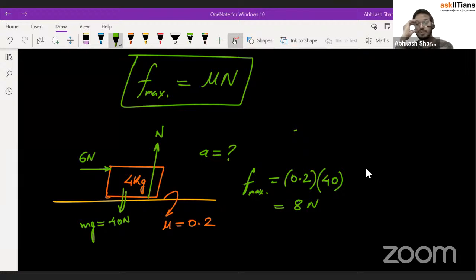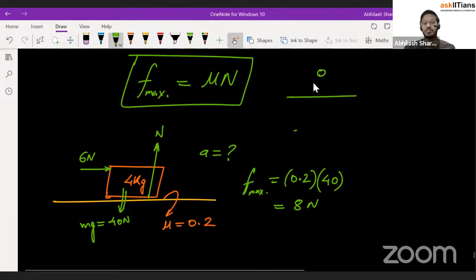If you stand on water, you fall. If you stand on a hard floor like this, you don't fall. Why? Because this floor can apply a force on you, which water cannot. And yes, that force should be equal to your weight.